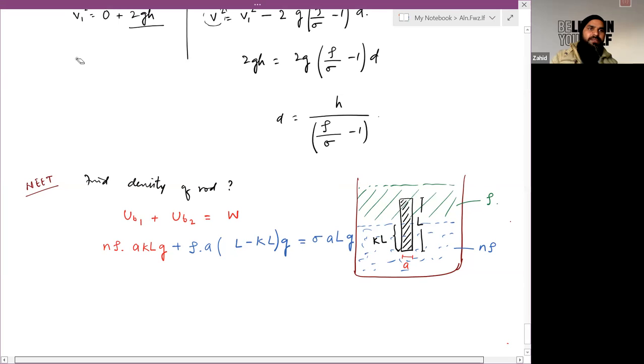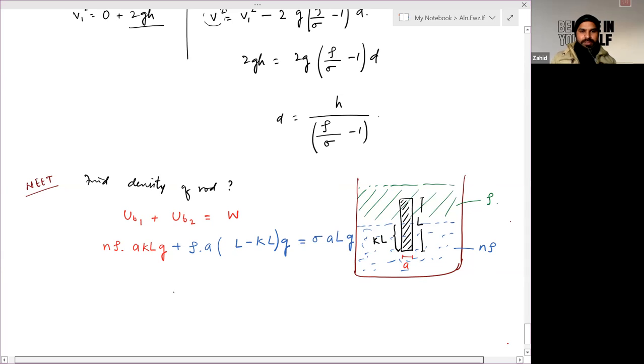Now just simplify this particular part. Rho, A, L, and g will cancel out. So you're left with N times rho into K as the first part, rho times 1 minus K as the second part, equal to just sigma. Take out rho as common.